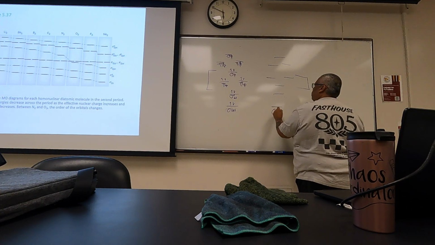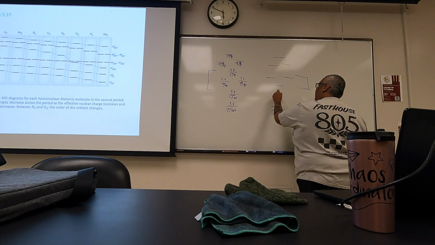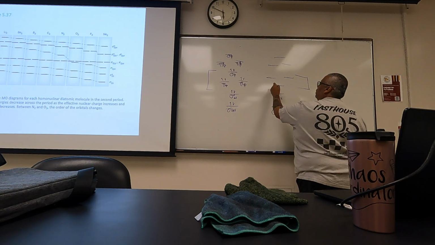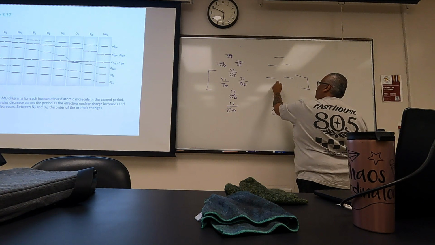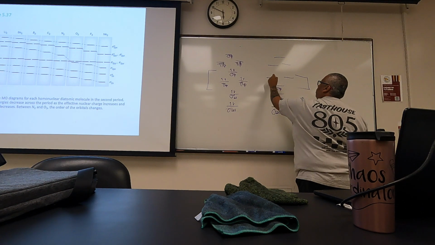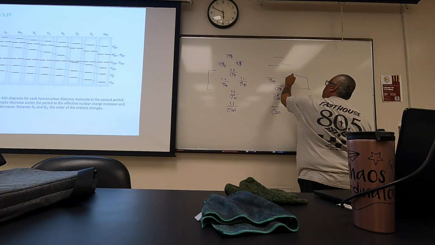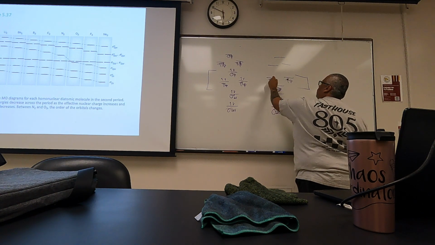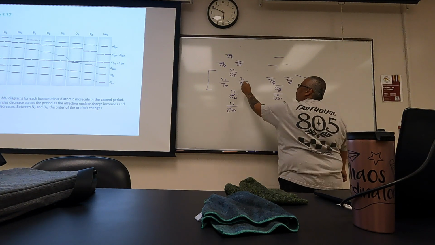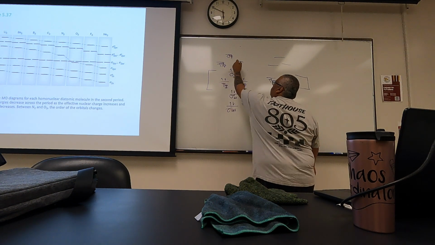So this is sigma 2s. This is the anti-sigma 2s. This is going to be our sigma p. This is our pi p orbital, pi p orbital. Oh, we should put 2p, 2p, 2p, 2p. This should all be 2p here.